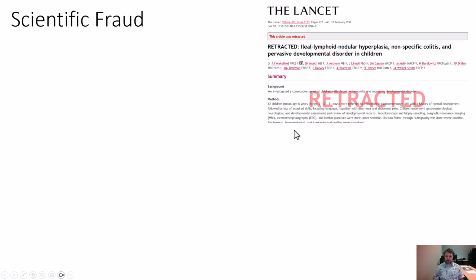Andrew Wakefield's paper was really the first paper, or first research study or pseudoscience, that linked measles, mumps, rubella, or the MMR vaccination to autism, okay? And other things like colitis and other gastrointestinal diseases, okay, or disorders.